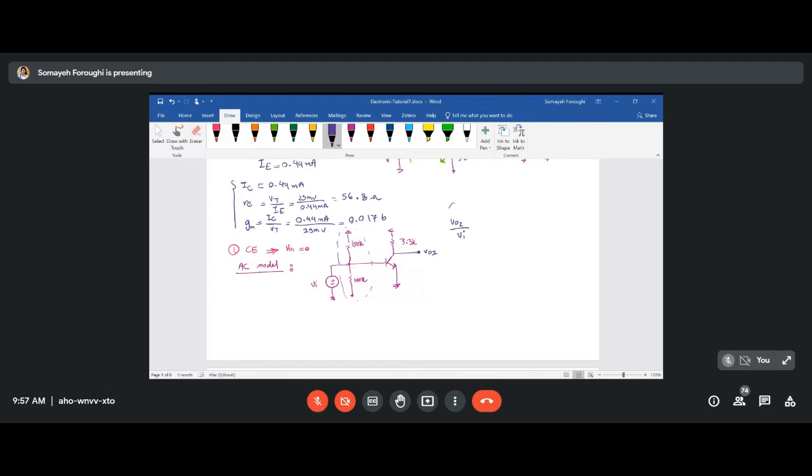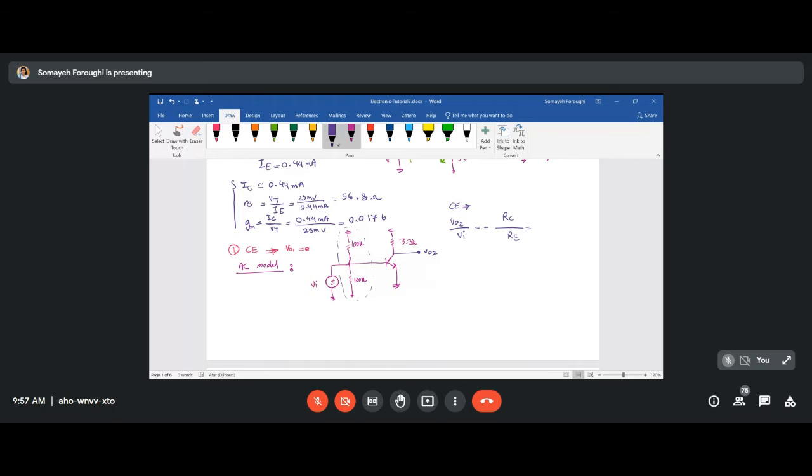I have a common emitter amplifier. In this common emitter amplifier, when we have VO2 over VI, it is the Hawaiian dance method. And I know that it will be all the resistance in the collector over all the resistance in the emitter.